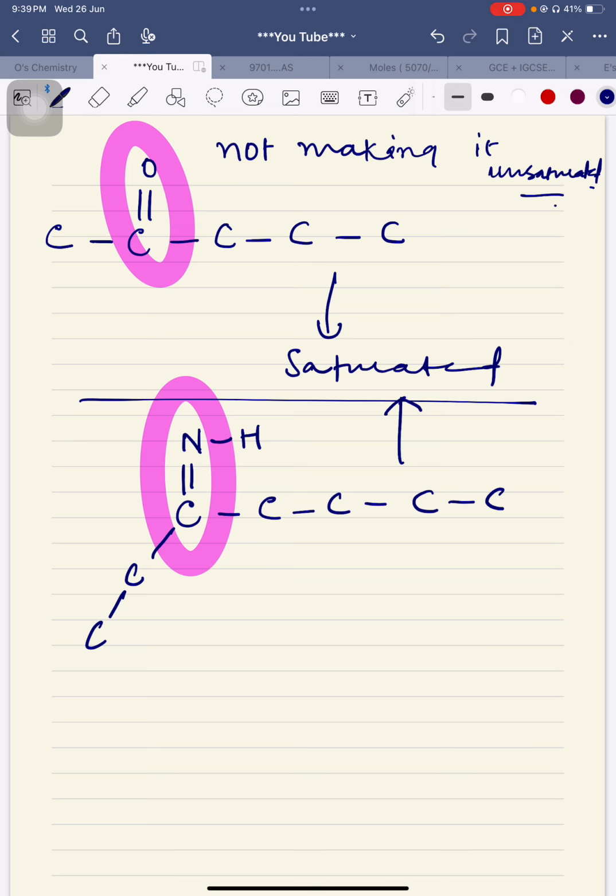So again and again I'm repeating that it is just the carbon-carbon double covalent bond which is responsible for unsaturation. As long as only carbon-carbon single covalent bonds are there, the compound is considered saturated. But if there is even one carbon-carbon double covalent bond, it will be considered an unsaturated hydrocarbon.